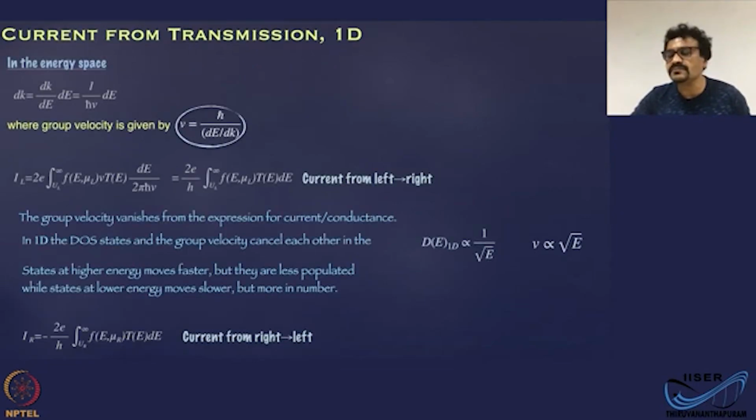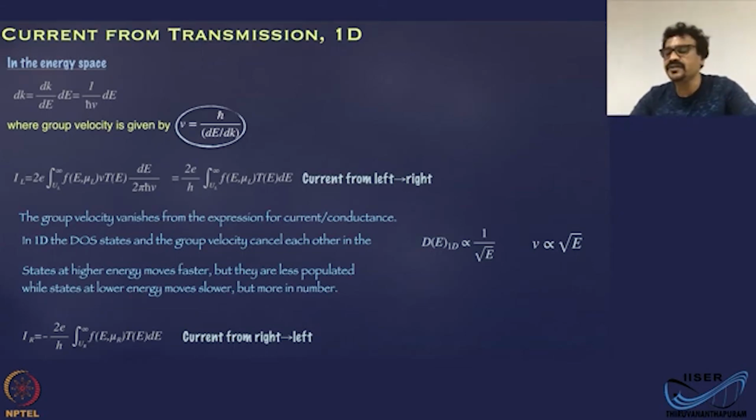Now, so far what we have discussed is in k space, but energy space is what we always work in, because voltage is a scaled form of energy. If you multiply voltage by the electronic charge, you will get energy. So energy is what we actually vary in the transport.